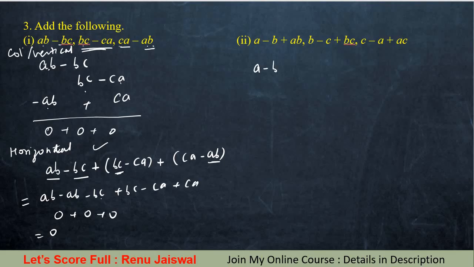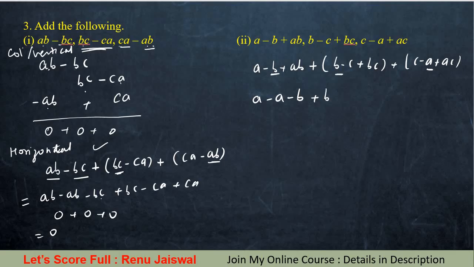So A minus B plus AB, then there is a comma and they are asking to add, so plus sign, B minus C plus BC plus C minus A plus AC. So A, do I have another A? Yes, here it is. Then I have minus B, search for another B, yes it is here. Then I have AB, search for another AB, I have no. This is done, this is done.